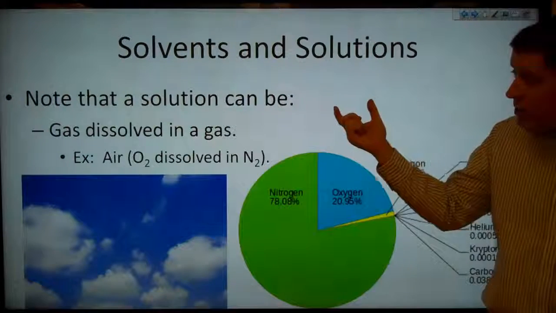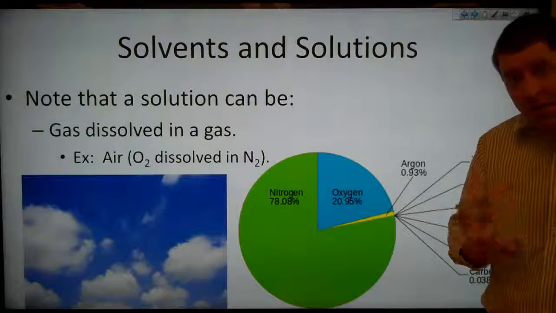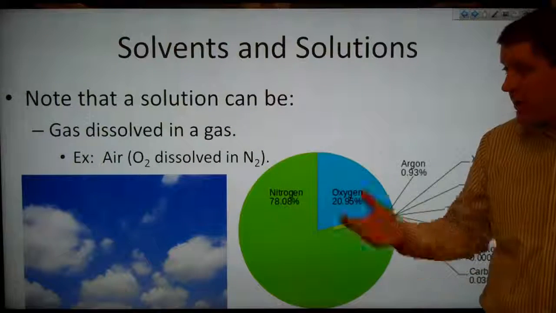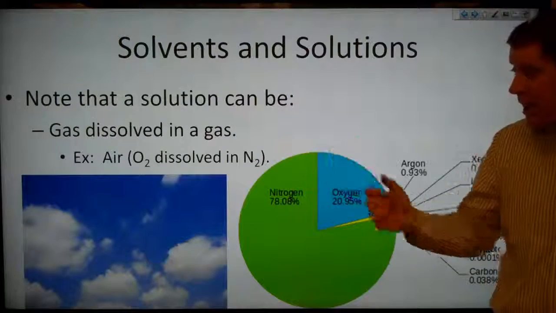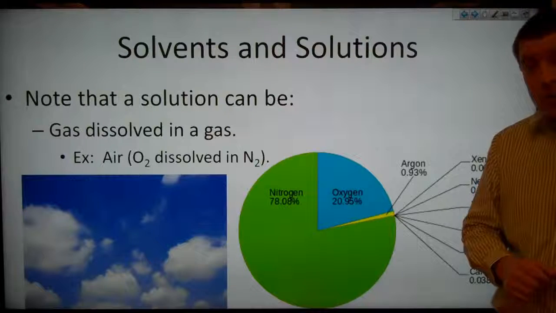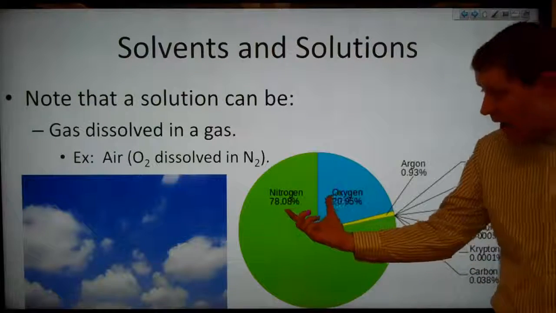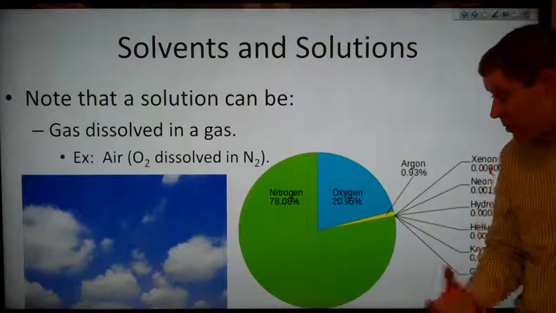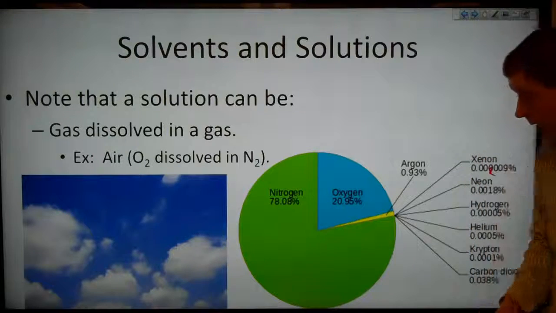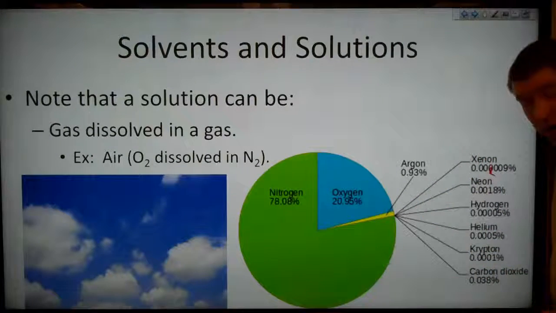A solution can also be a gas dissolved in another gas. For example, air is mostly nitrogen with oxygen dissolved in it. So air is roughly 78% nitrogen, 21% oxygen, and then 1% other stuff.